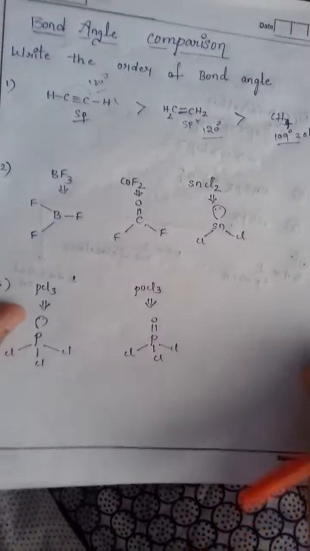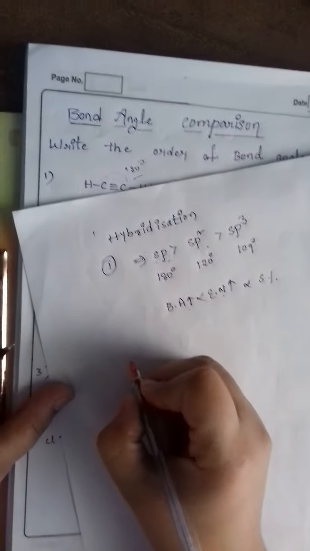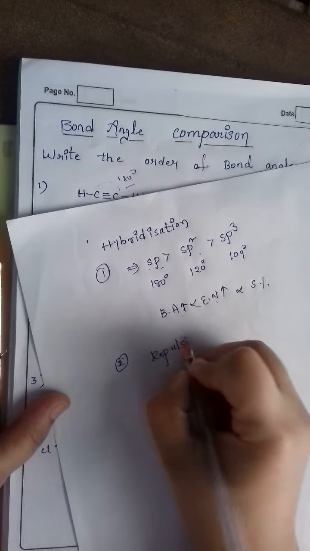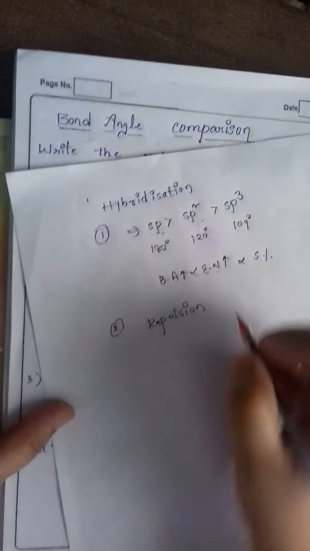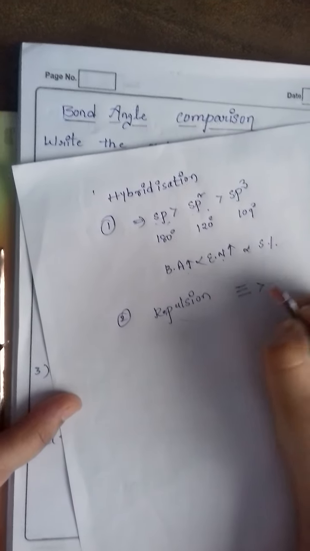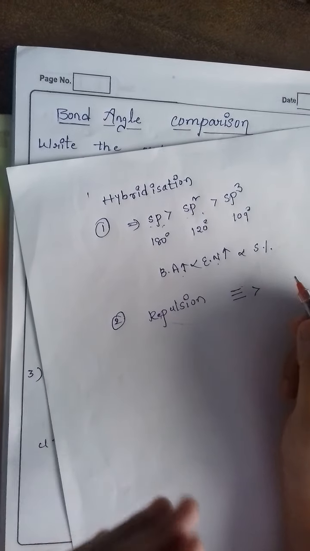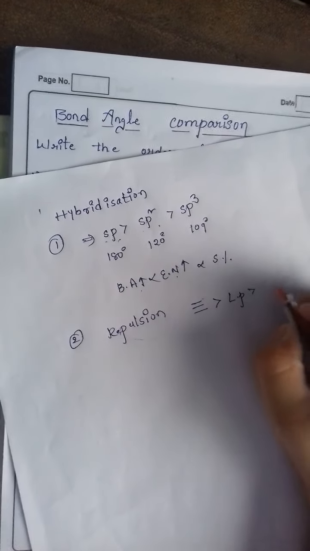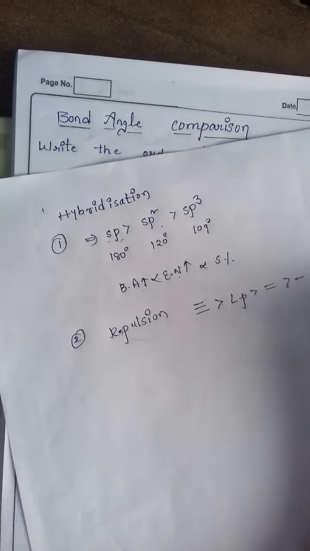Now the second trick. The second trick is that we will see repulsion theory. A triple bond repulses more, which means if it repulses, it will decrease the angle, and then lone pair, and then double bond, and then single bond.